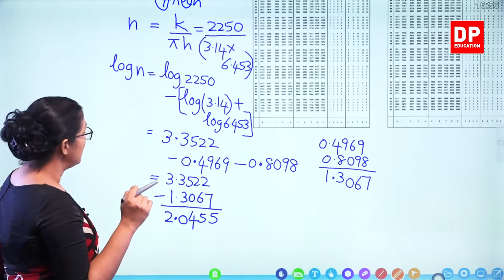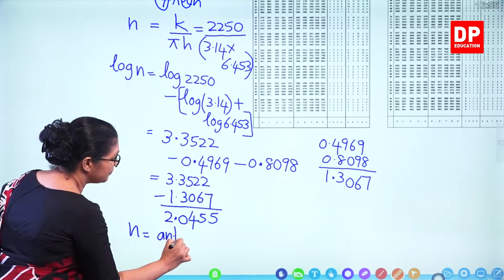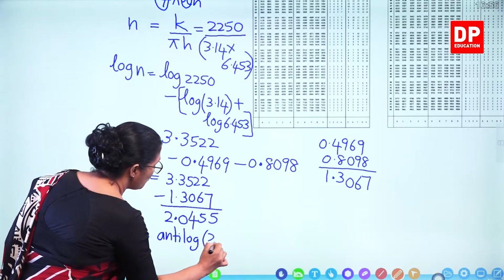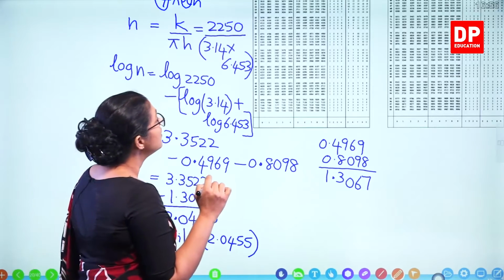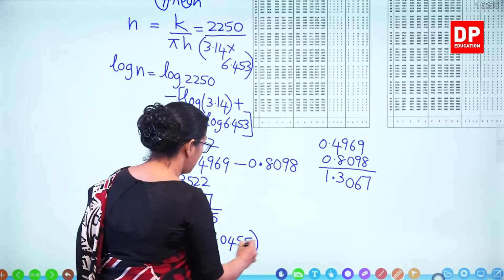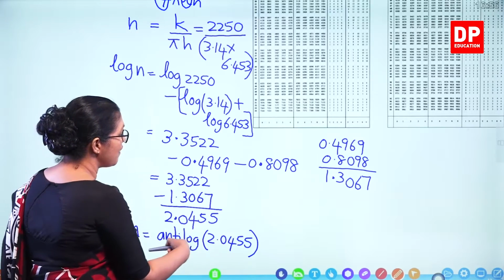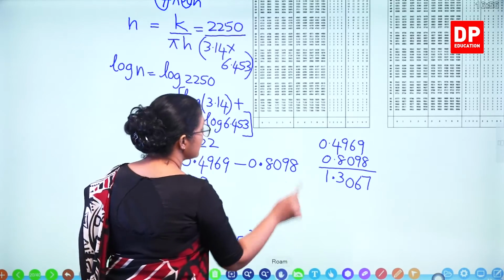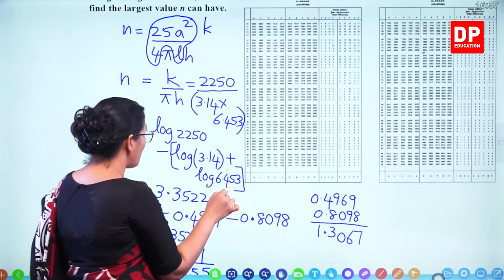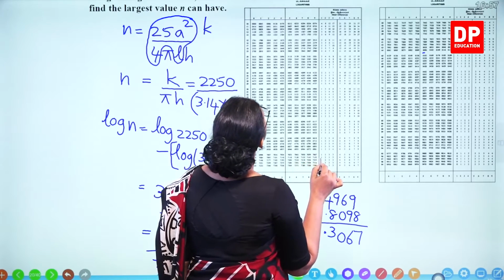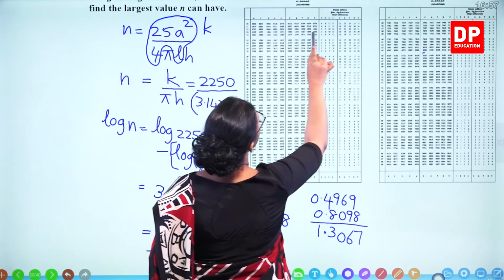Now refer the antilog value to get n. Antilog of 2.0455. So find where you get 0.455. 0.453 is there, so you need another 2.